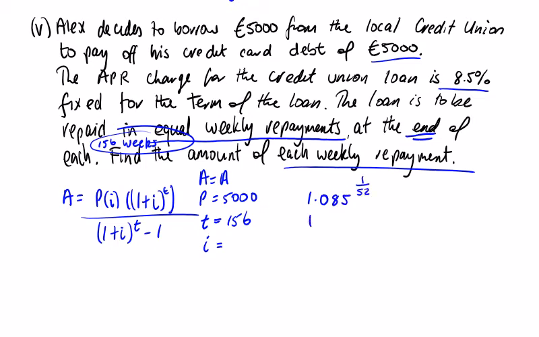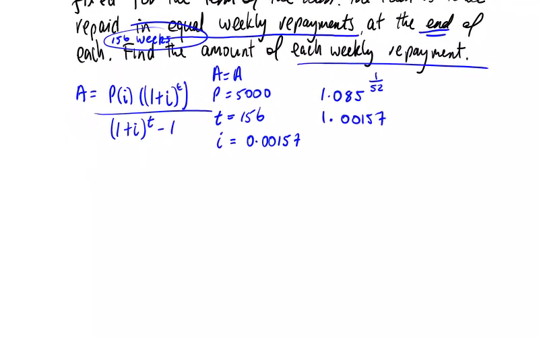That will give me my I. So that gives 1.00157, followed by 2 zeros and 2 sevens. So we can round it off to this. So my I is 0.00157.